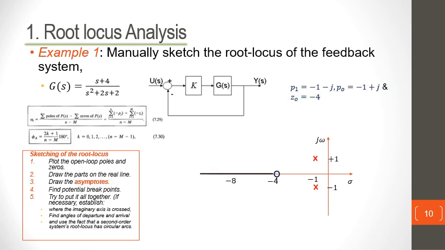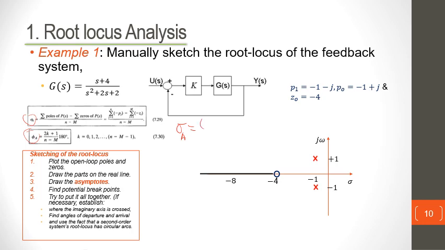Yeah, so if we wanted to calculate the asymptotes, there are two things that we can calculate: the center of the asymptote as well as the angle of asymptote. So for the center of the asymptote, we can sum the negative of the poles.